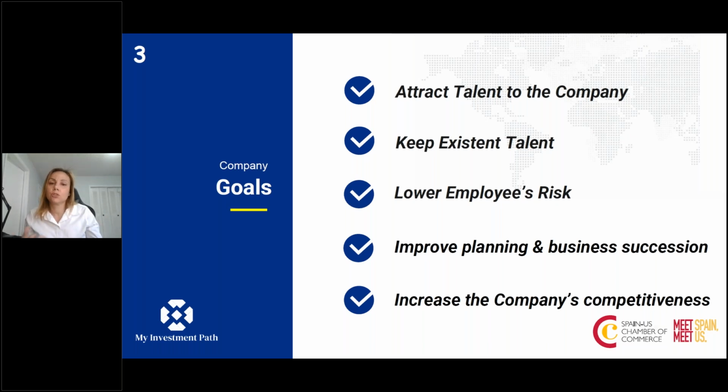On the other hand, you want to keep existing talent. You may have a stressed employee because he doesn't have health insurance coverage or for some other reason, and this might be in the back of their heads, and you might have the risk that this person flees and switches to another company because they may have some benefits that your company doesn't offer. It also lowers the employee's risk. How?